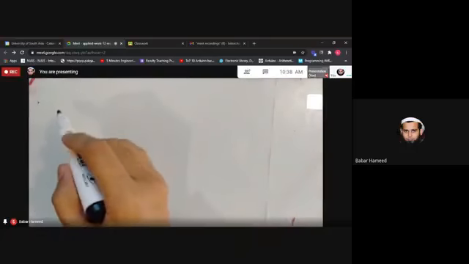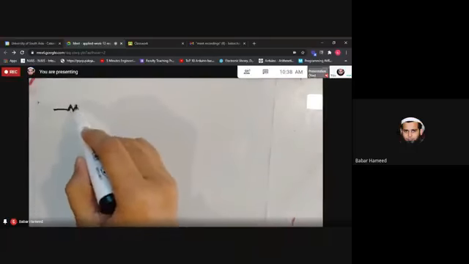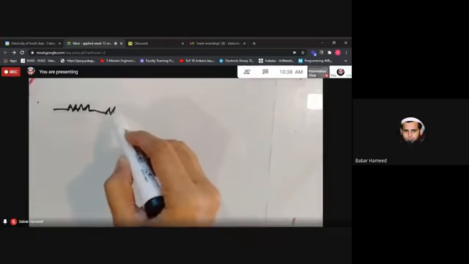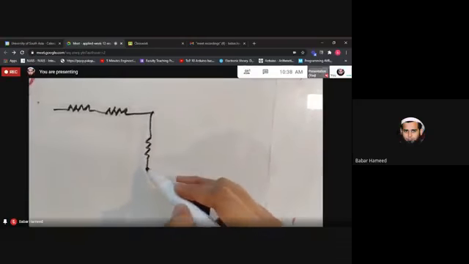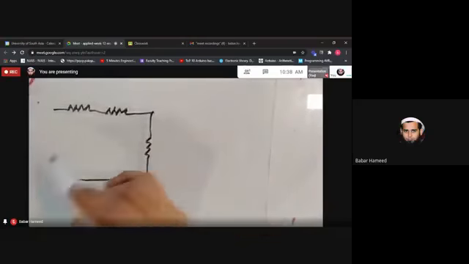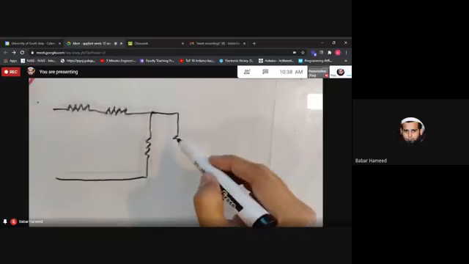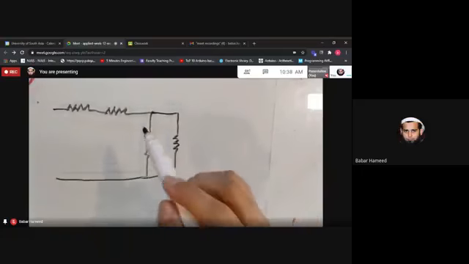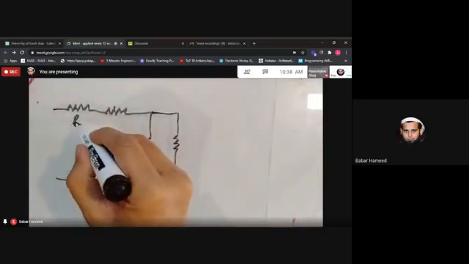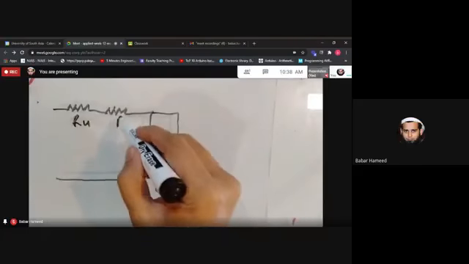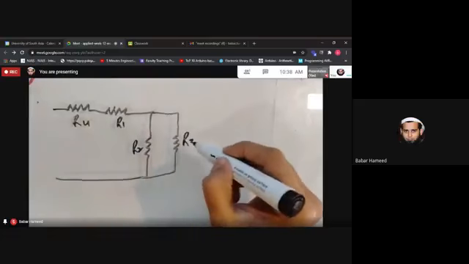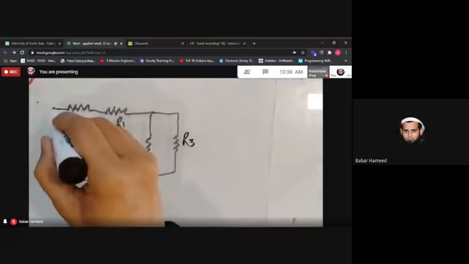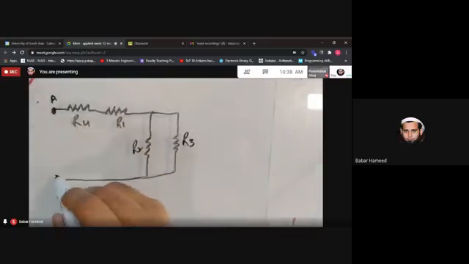Look at this circuit. R4, R1, R2, R3. The only difference between the previous circuit and this circuit is R4.